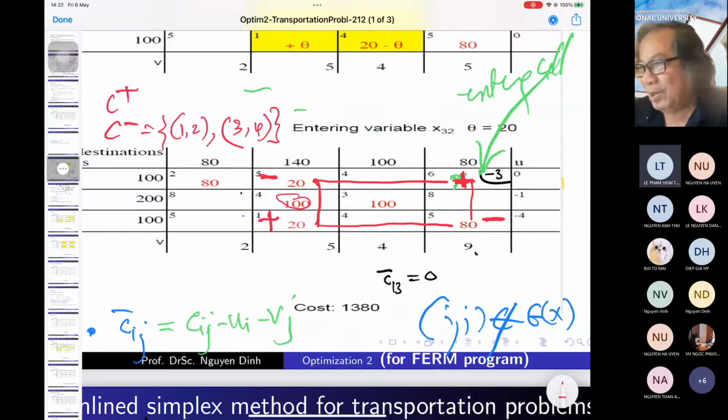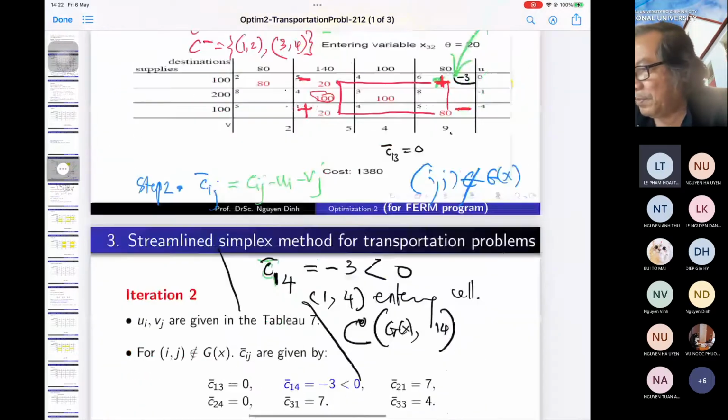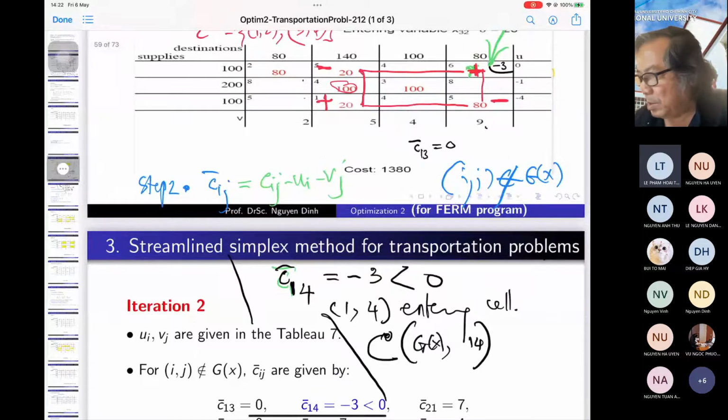You say I don't want to write it down, because we have so small a space. And then what will you do next? In step 2, what do you do? First, you calculate this one. Second, you choose which one is negative.